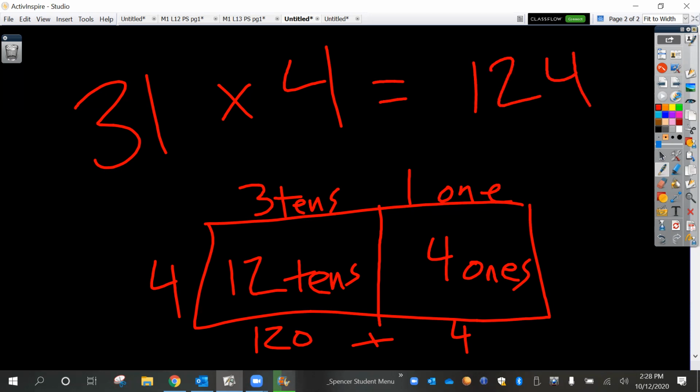Okay, so same numbers, same digits, I should say. We're going to use the 3 and the 1, but this time we're going to shift those over as ones and tenths. So let me clear this. I'm going to do 3 and 1 tenth times 4. And you're going to see that nothing changes except where the decimal goes and what units we're working with.